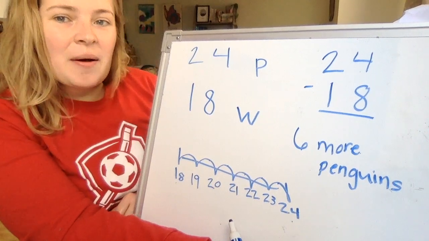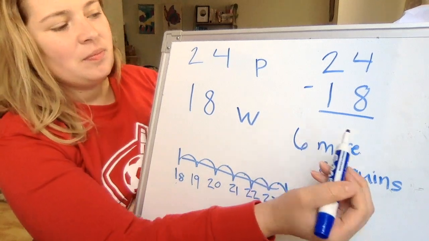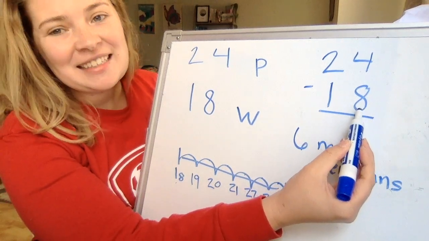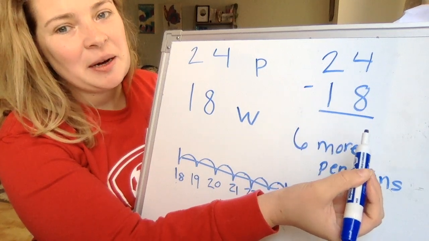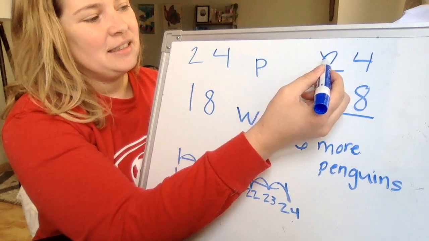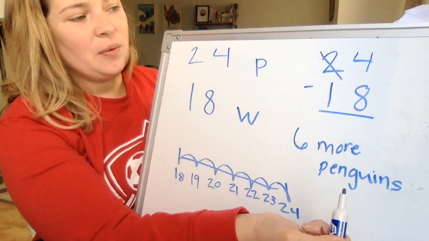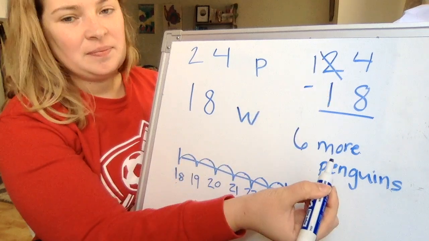Let's check it by subtracting the vertical way. We cannot take 8 away from 4. So we'll need to borrow from the tens. 1 less than 2 is 1.